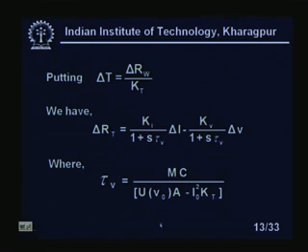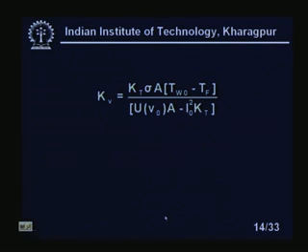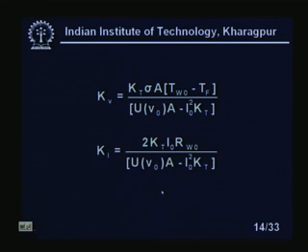Kv we can write as equal to Kt sigma A into TW minus TF over U V naught A minus I naught square into Kt, and Ki equal to 2 Kt I naught RW naught over U V naught A minus I naught square into Kt.